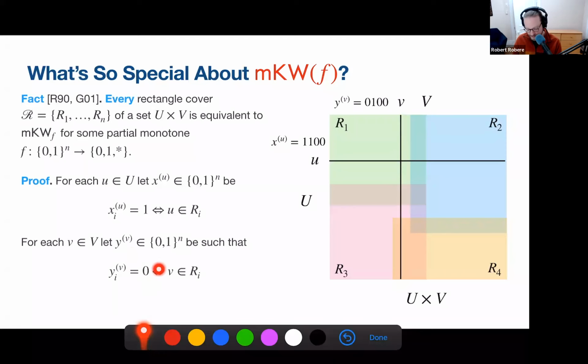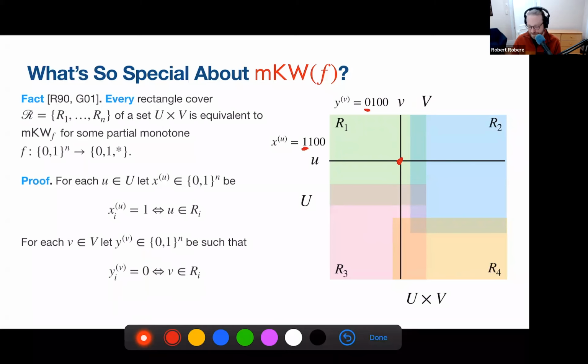So y_i will be 0 if and only if V is in R_i. This V will be 0 for R1, 0 for R3, 0 for R4, and 1 for R2. And you can see where they intersect, R1, right here. This is the coordinate on which they are different.